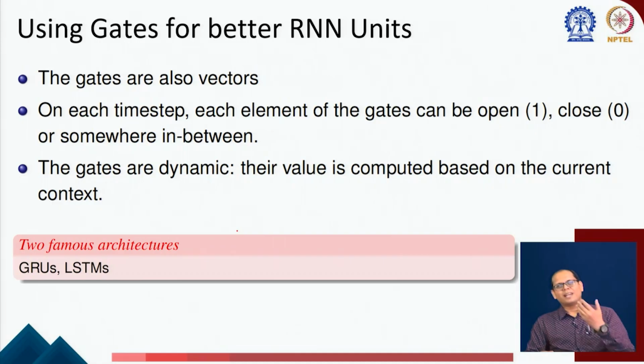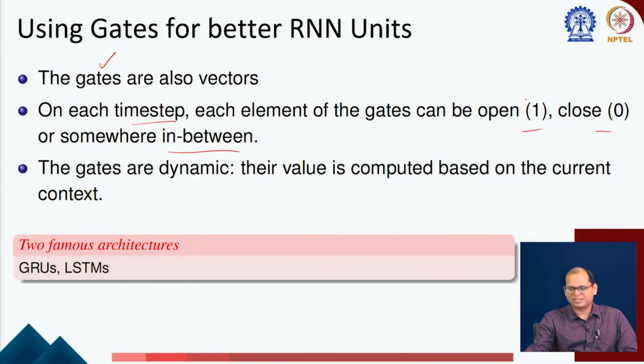So what better RNN units do is make use of a concept called gates. And gates are also vectors. On each time step, each element of the gate can be open, closed like a gate, or somewhere in between. Typically, you can visualize them as either open or closed.